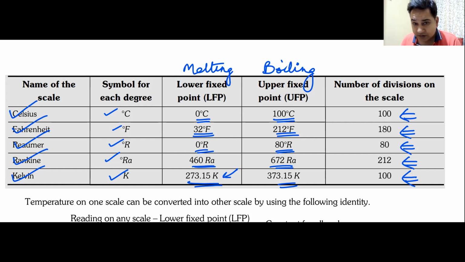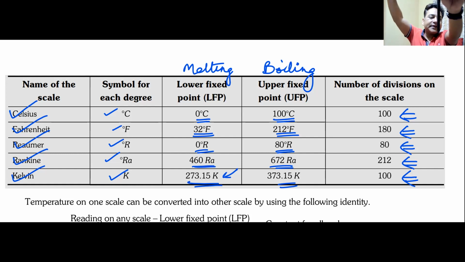So now how do I create a thermometer? I have a thin tube filled with mercury. I mark 0, I mark 100, and I make 100 equal divisions. But how do I get this 0? I dip this in water that is freezing, and I wait for some time.